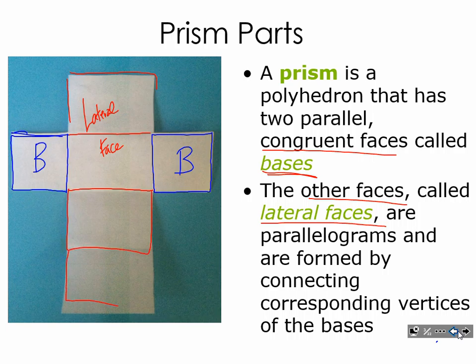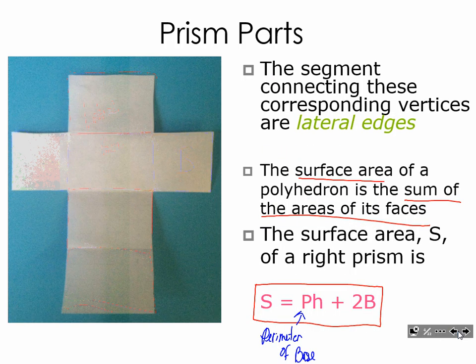Okay, so we have what we call lateral area, which is the area of just the lateral faces, and we have total surface area, which is all the faces. Another thing we looked at is that surface area is the sum of the areas of its faces, and then the formula. I do need you to write down S equals PH plus 2B.